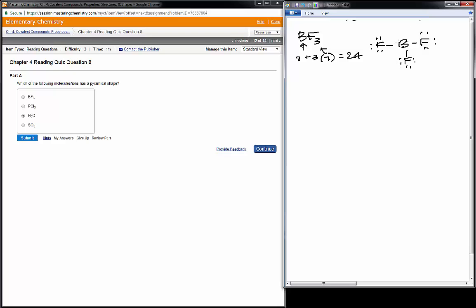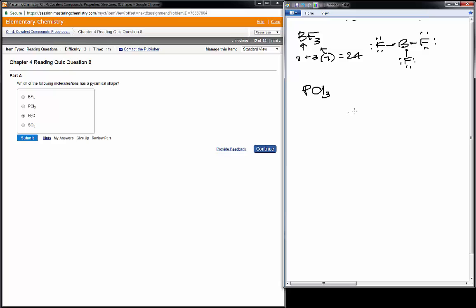I'm all out of electrons. Boron doesn't have sufficient, but I could make a double bond, or better option is just to leave it because boron only came with 3 into the game. So boron has 3 single bonds, no lone pairs. This is planar, trigonal planar, so it does not have a pyramidal shape. It's not BF3.